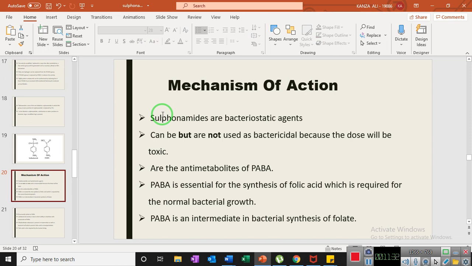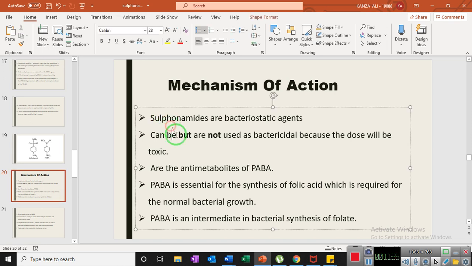Another term used here is antimetabolite. What does antimetabolite mean? When we use the term antimetabolite, we are saying that it is a compound which is structurally related to some metabolite in a specific metabolic pathway.